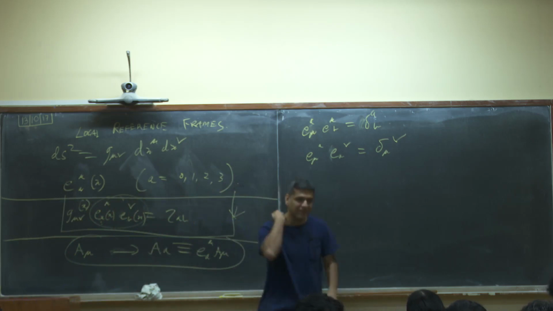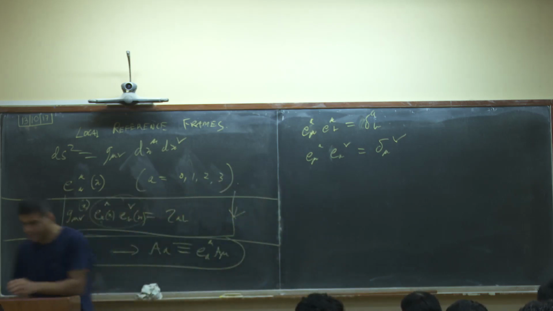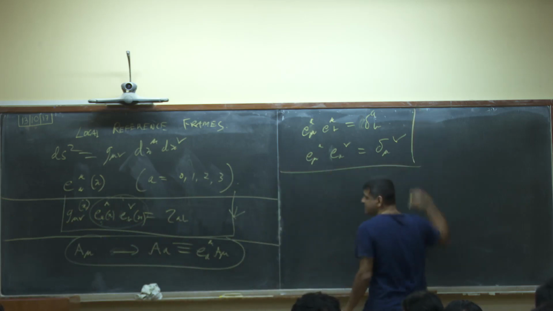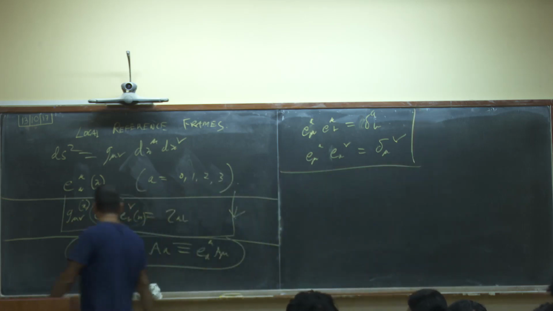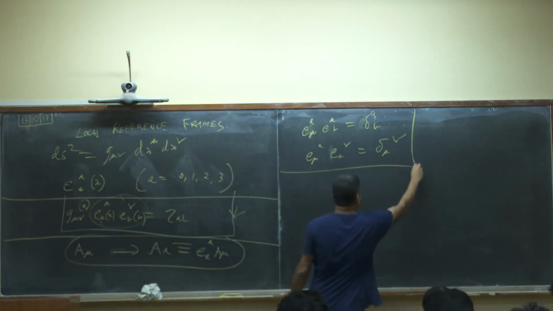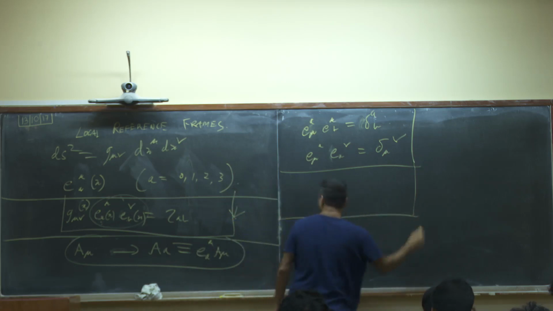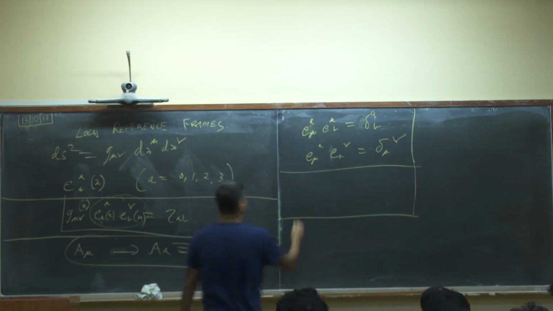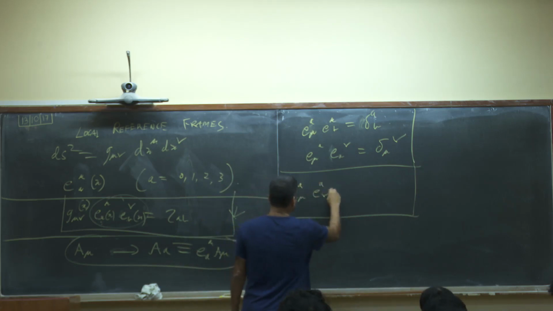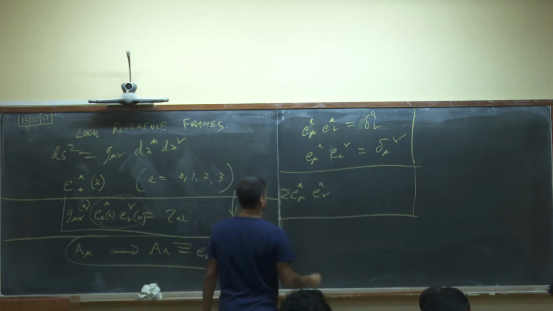This will always be possible. Okay, now with these definitions in place, I want to claim various identities. First thing I want to claim, these are all obvious. These are all the things you would guess were true, but let's claim them and see if we can prove them. First thing, e^a_mu e^b_nu eta_ab.